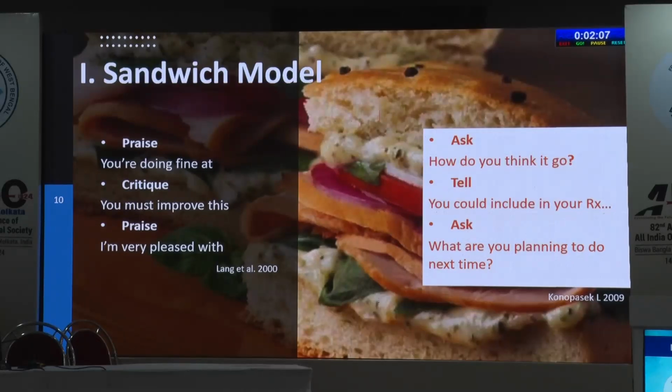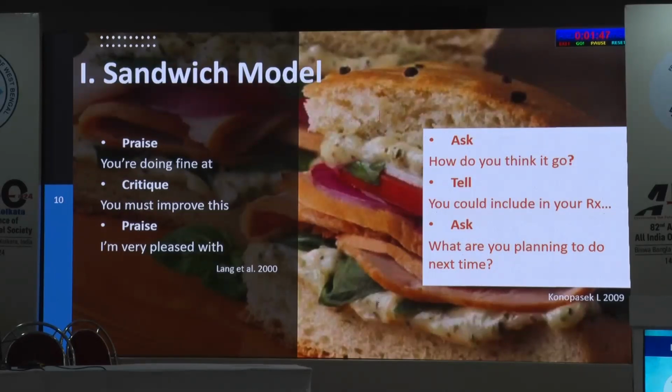And then tell the person, well, I saw that you were a little bit not so confident when you were doing the capsulorhexis, for instance. And then, what do you think you could do the next time? How can I help with this?